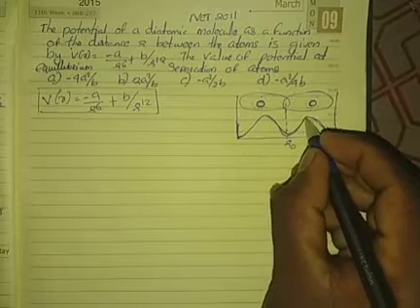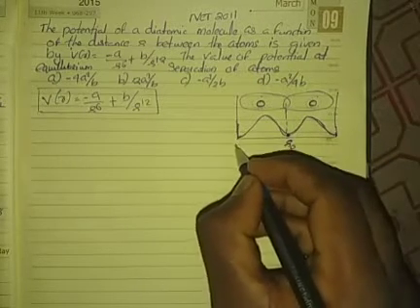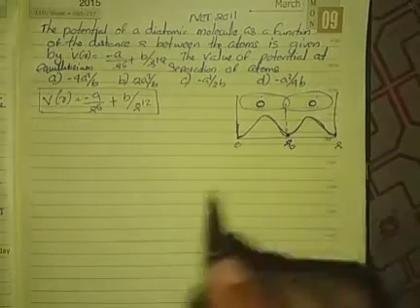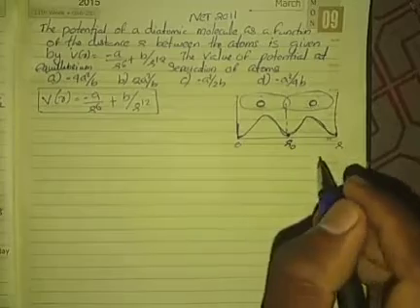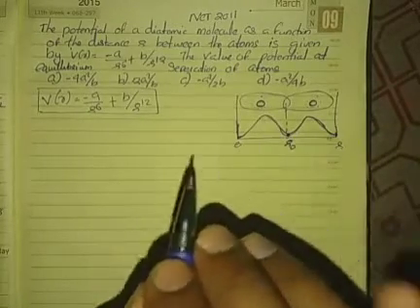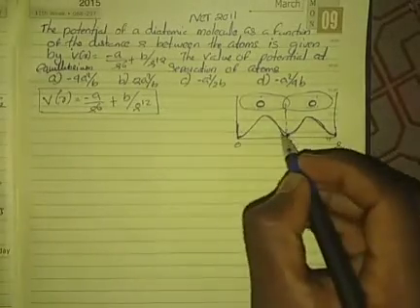At some point, which is the equilibrium position r0, the potential might be a minimum. That's the equilibrium position, that's the condition for equilibrium. So what we need to find out is the potential at the equilibrium separation.